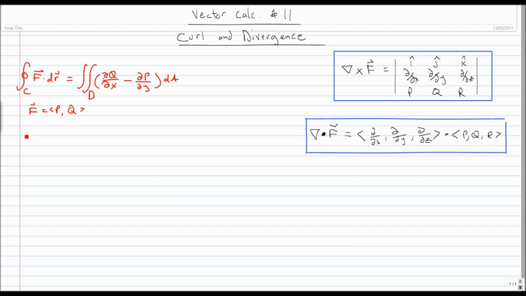Okay, so another way that can be written is the line integral around the closed loop is equal to the double integral over the region bounded by the curve C of the curl of f dotted with k hat dA. So what happens when you calculate this?